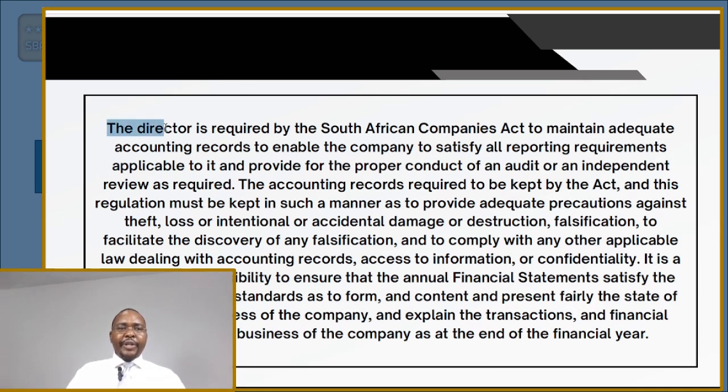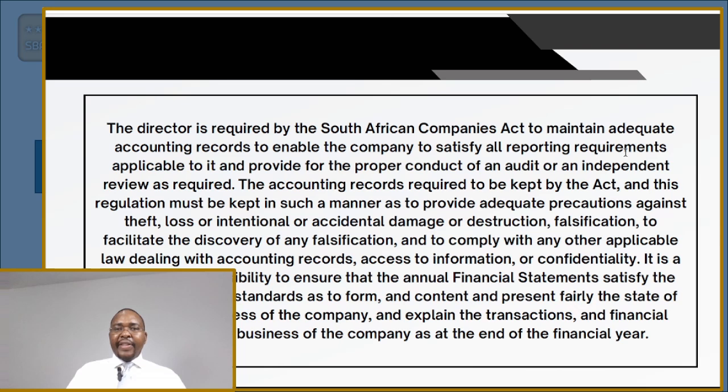Here, the sole responsibility is given to a director, and there are requirements in the Companies Act that say the company director must maintain adequate accounting records, but the Companies Act doesn't specify what these adequate financial records are. So we're going to deal with that here in volume 8.